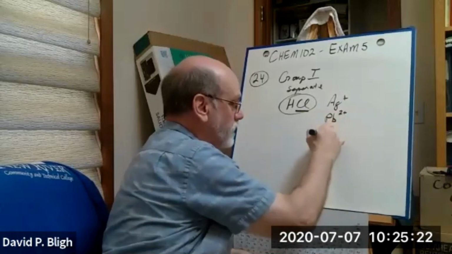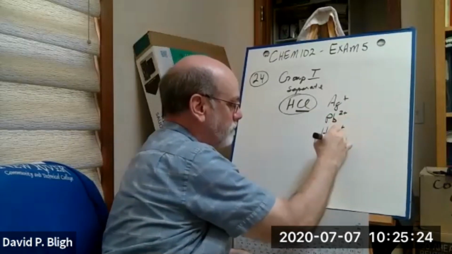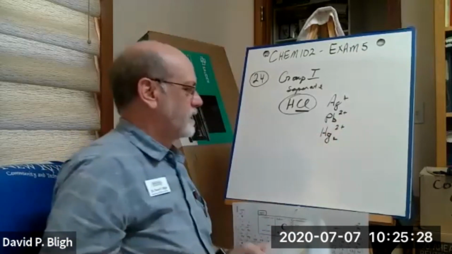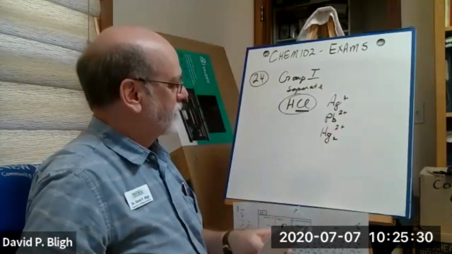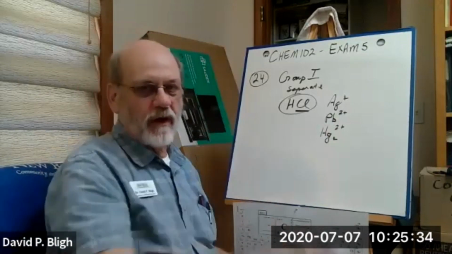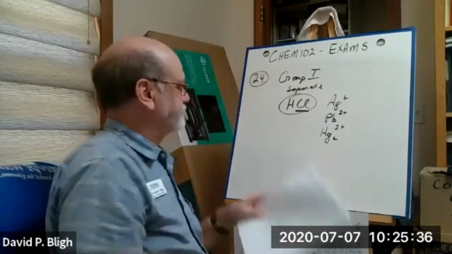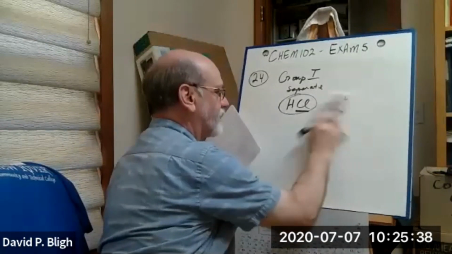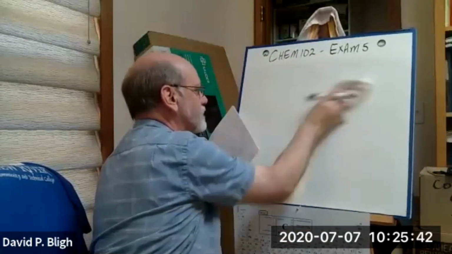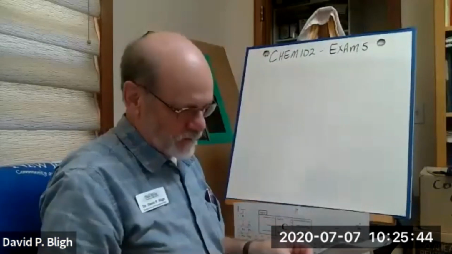Mercury 1. Okay? So those would be separated from all the rest. All right, that was 24.